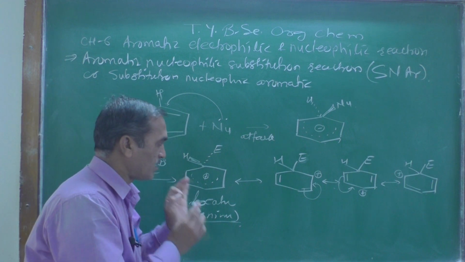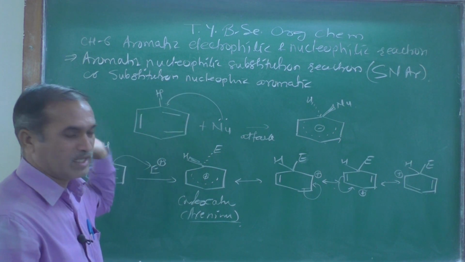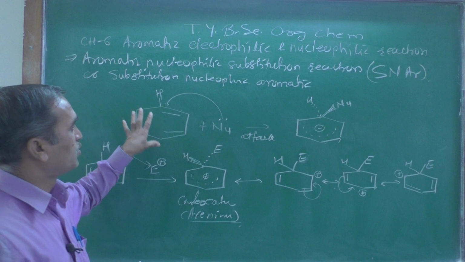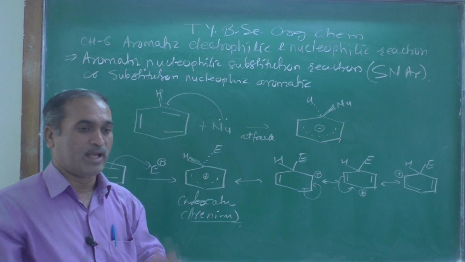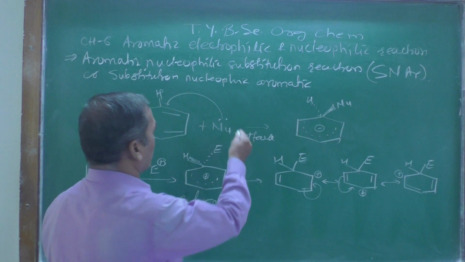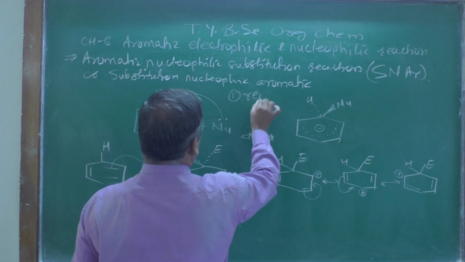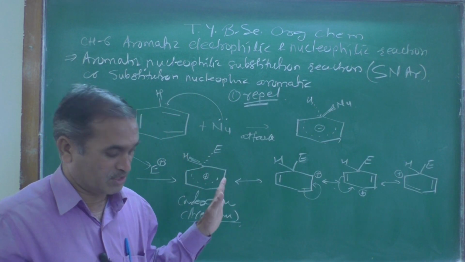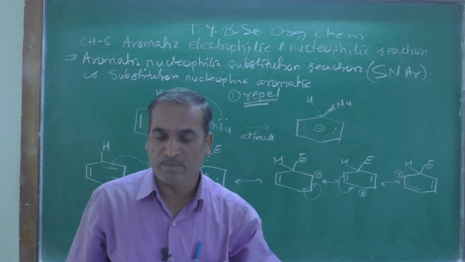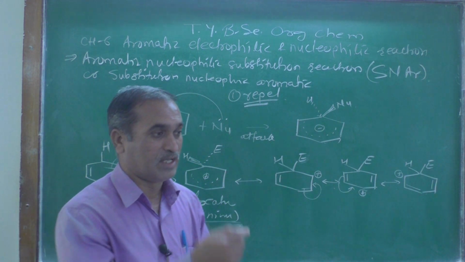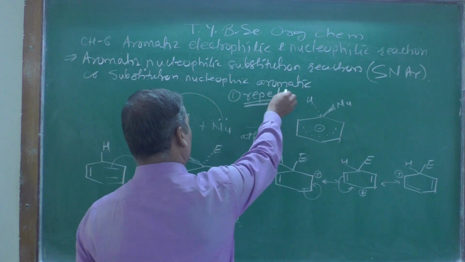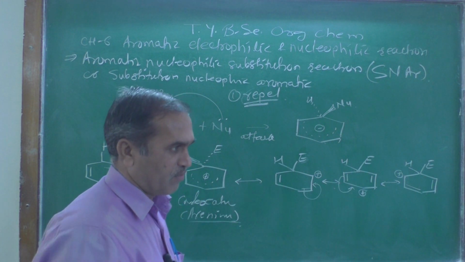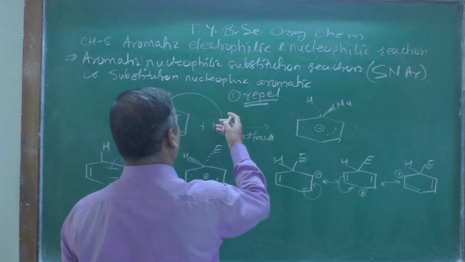But in the same benzene ring, when the nucleophile attacks, what is happening? As we know, the benzene and the nucleophile have the same charge, and therefore, number one, they repel each other. Benzene itself is nucleophilic, so in a simple benzene we cannot introduce a nucleophile into the benzene nucleus. They are strongly repelled, and therefore there is no possibility of formation of a bond, no reaction will take place.